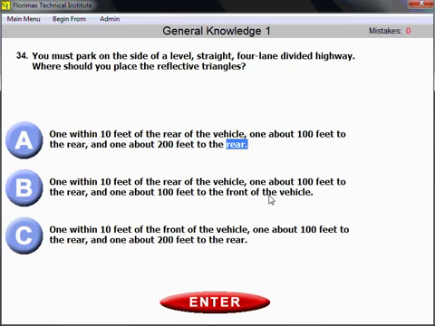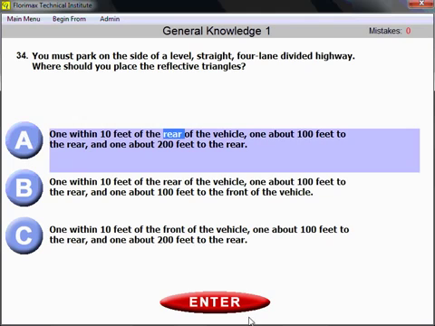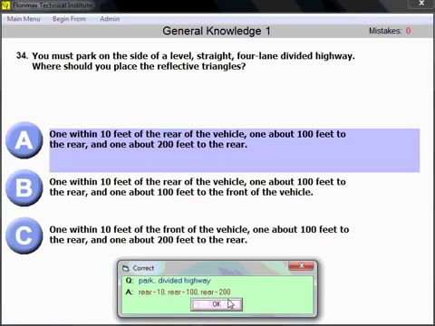In other choices, you see, it's like rear, rear, front. No. Again, front, rear, rear. No. So all three to the rear. 10, 100, 200. All three to the rear of the vehicle. All right. Rear, rear, rear. Triple rear.